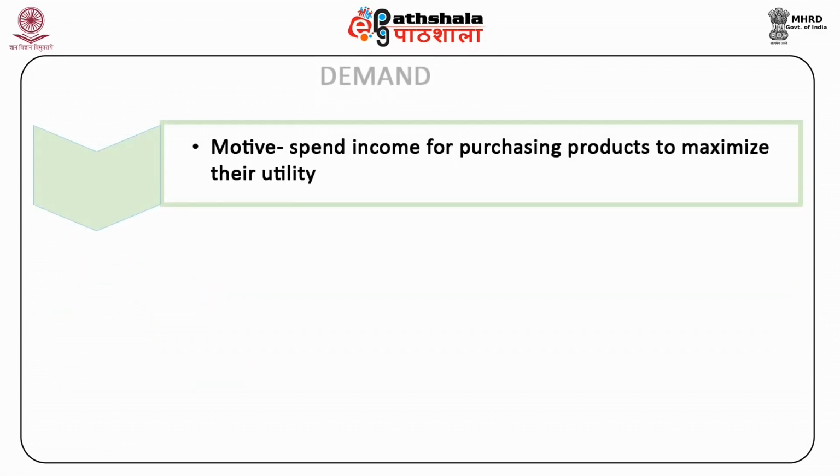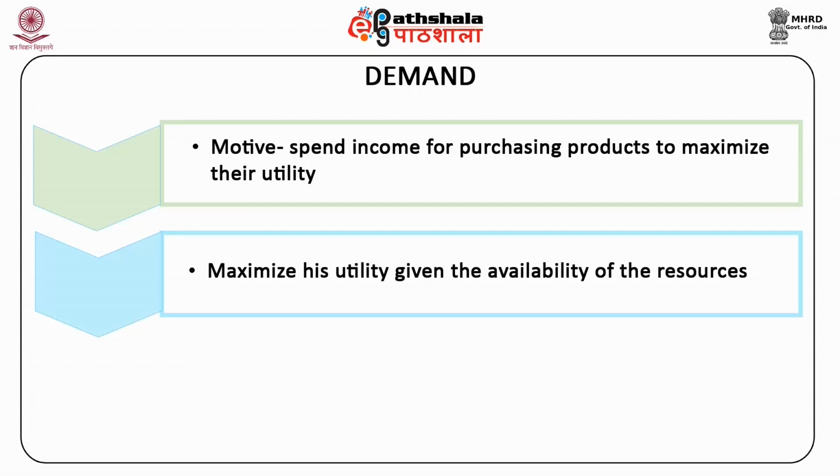The main motive of all individuals is to spend their income on purchasing products in order to maximize their utility or satisfaction. Though utility is hard to measure, a person can maximize his utility given the availability of resources.